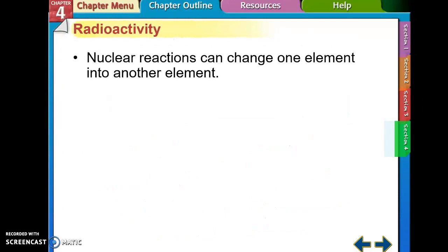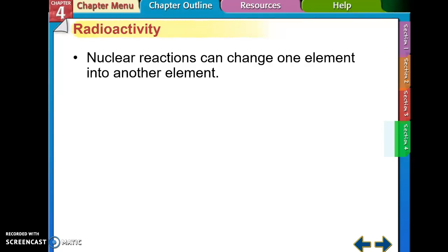One other thing to remember is that we can change the number of neutrons in the nucleus fairly easily, and it doesn't change the identity of the element. If we change the number of electrons, that doesn't change the identity of the element. It changes the atom into an ion.